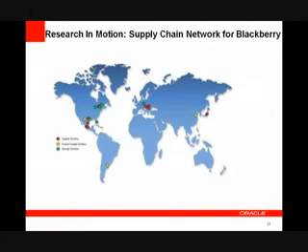So Research in Motion has factories around the globe. We see some red dots here, which are current factories manufacturing different pieces. For example, one of these factories creates the LCD displays, another one creates the electronics, another one creates the plastic shells where the electronics must fit into, etc.